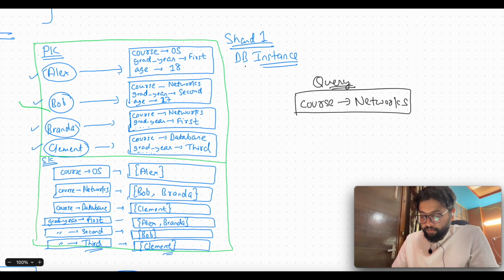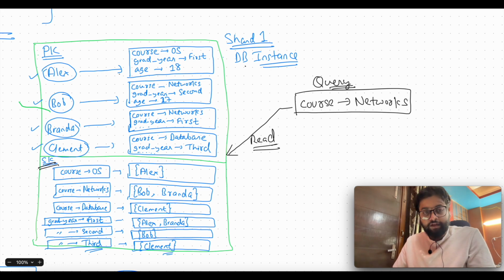So for example, one part of the query has to go and read this particular DB instance. When it reads, it will ask in this maintained LSI for the course networks, and it will get a list of primary keys, or student entries, who are registered in the networks course, and that is Bob and Branda.